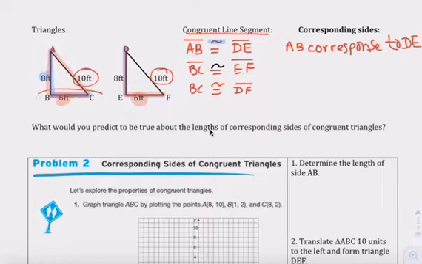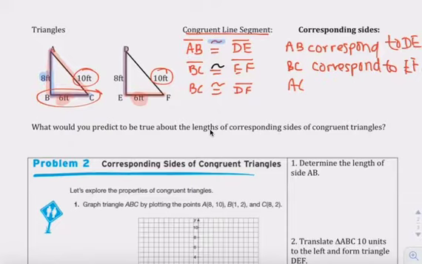And then here you would say BC corresponds to EF.